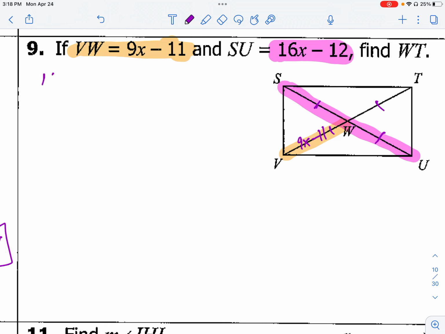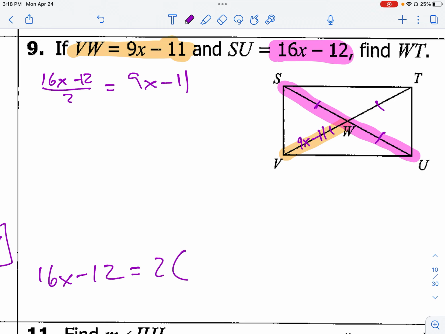So either we got to do 16x plus 12 over 2 equals 9x minus 11, or we got to do 16x plus 12 equals 2 times 9x minus 11, multiplying by 2 to get rid of the fraction. But since this and this are both even, I'm going to start with the one at the top.